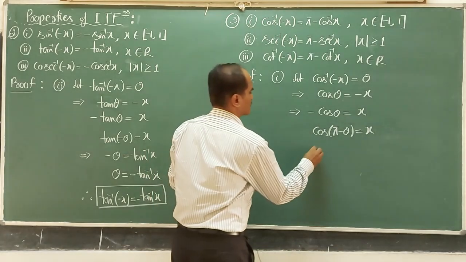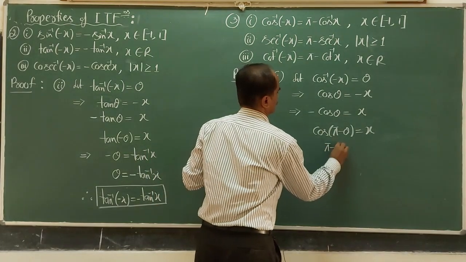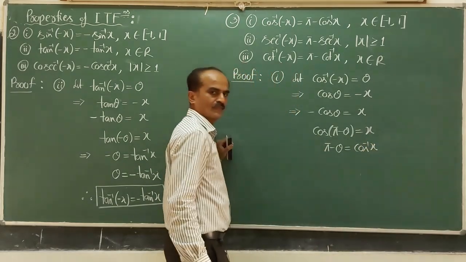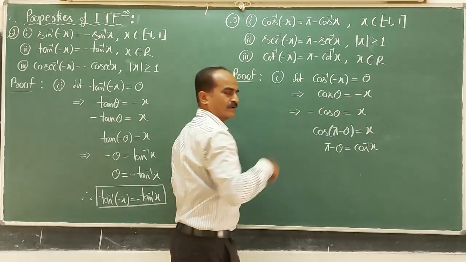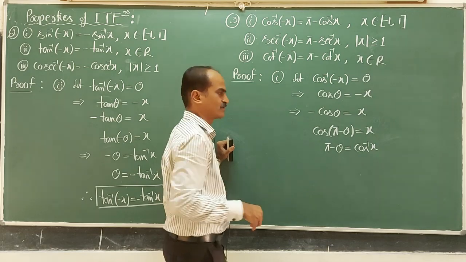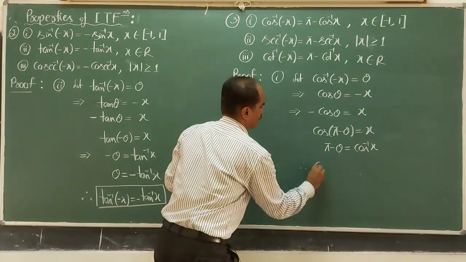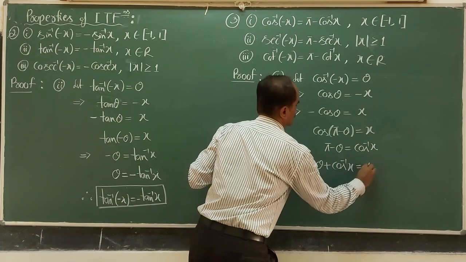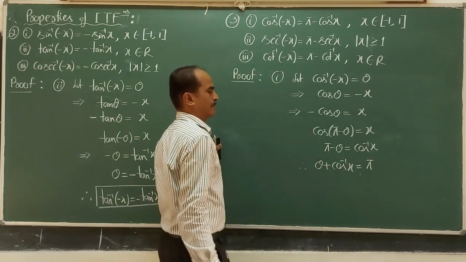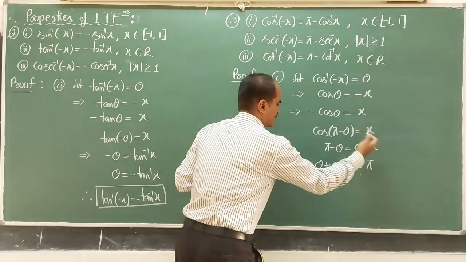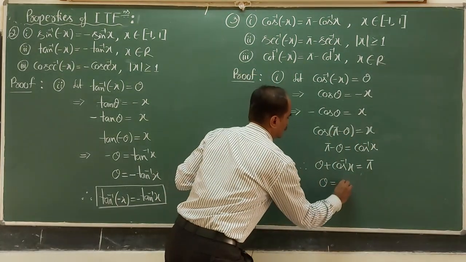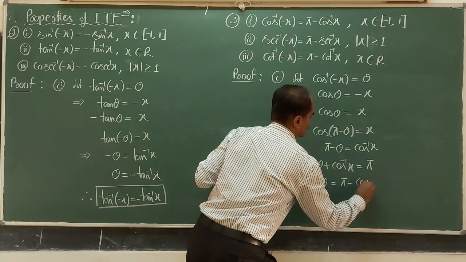Apply inverse function, pi minus theta equal to cos inverse x. Write this theta on the RHS, it becomes theta plus cos inverse x is equal to what? Pi. Now, send this cos inverse x to the right hand side, theta equal to pi minus cos inverse x.